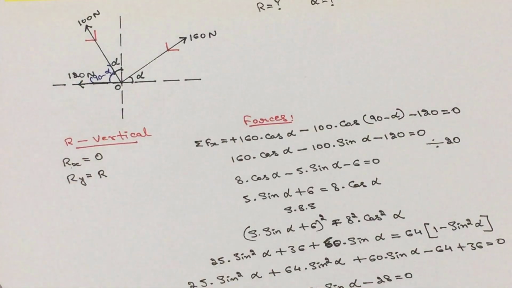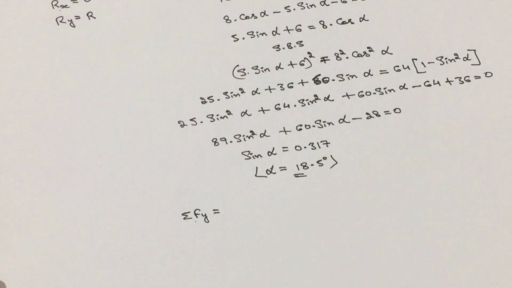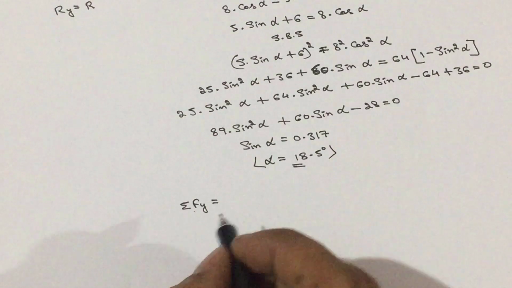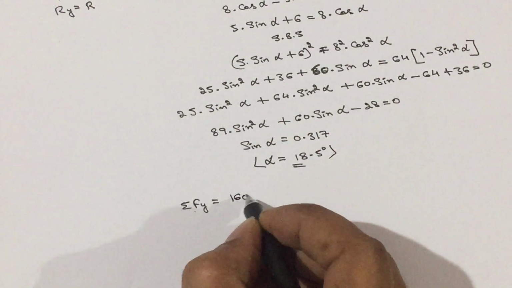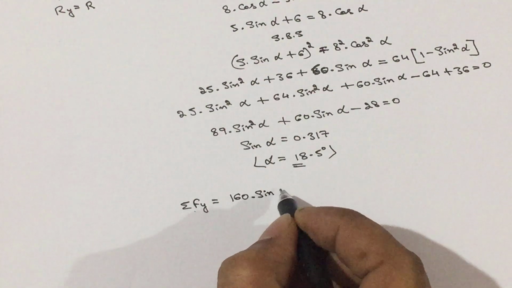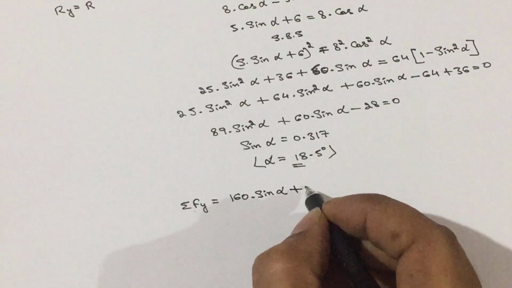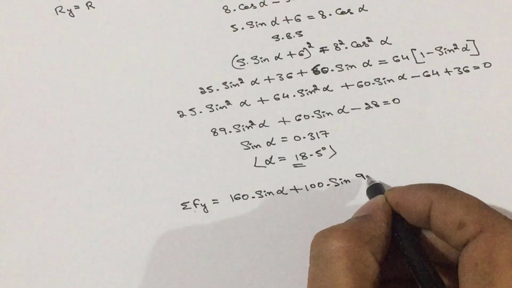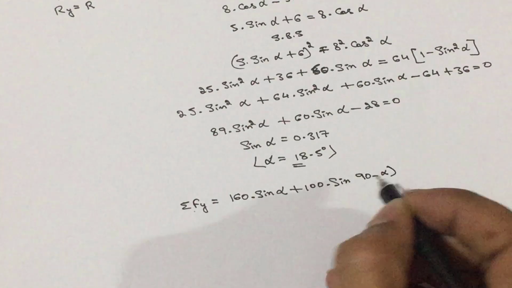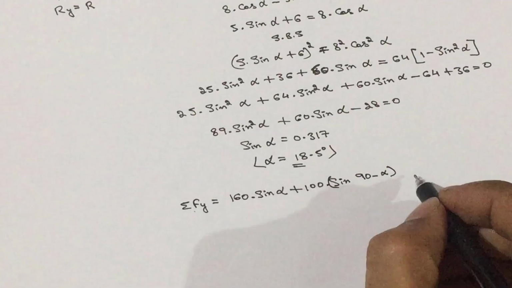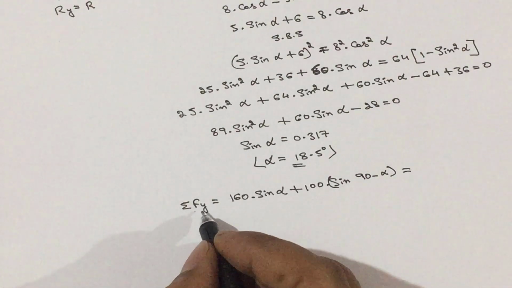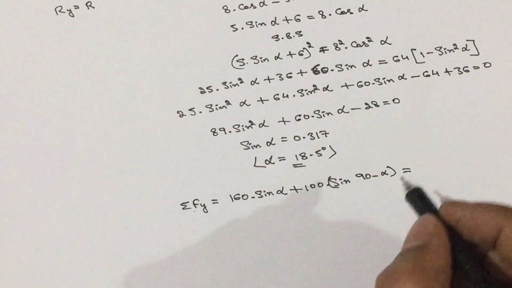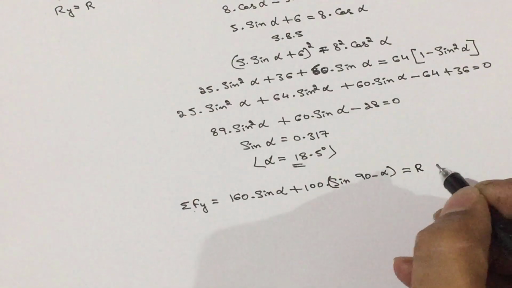The horizontal force, leave it. I will write the same equation here: 160 sine alpha plus 100 into sine of 90 minus alpha. Since sigma Fy is equal to Ry, and here Ry is equal to R, therefore it is equal to R.